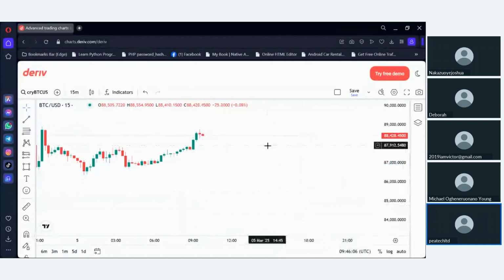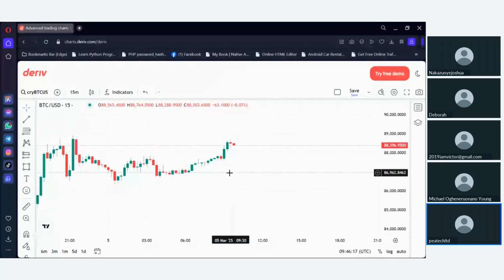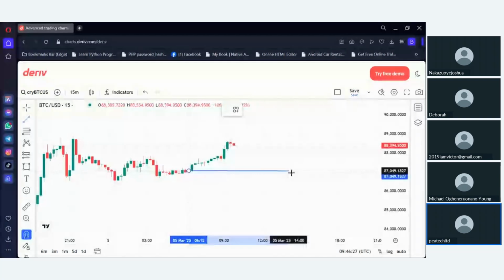So now let's talk about buy limit and sell limit. With buy stop and sell stop, you are waiting for the market at a point and you expect the market to just continue going when it gets to that. The buy limit is the opposite of such. So for your buy limit, you are saying, I'm waiting for the market to get to a particular price like this.